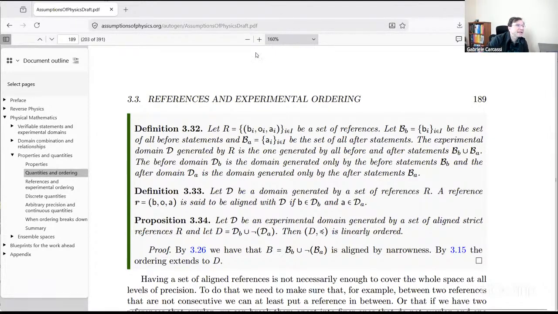So here the idea is that we start with a set of references, right? And these references start having a set of befores and afters. But then we can close these befores and afters by using ands and ors, and that allows us to generate new references.